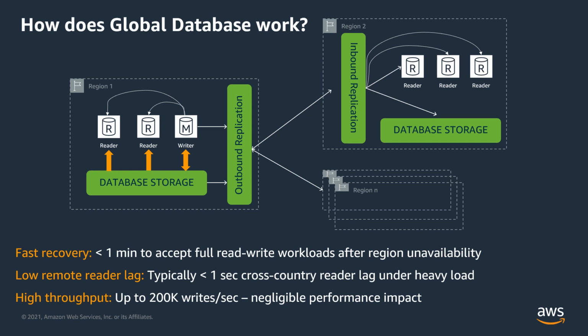In the secondary region, we also have an inbound replication fleet, which receives those changes and passes them to the database storage, where they get applied directly on the storage nodes. Since we're using physical replication, the replication lag on the secondary is typically less than a second. Since we're continuously applying the changes to the secondary, in case of a failover, promotion of the secondary happens in under a minute as well.